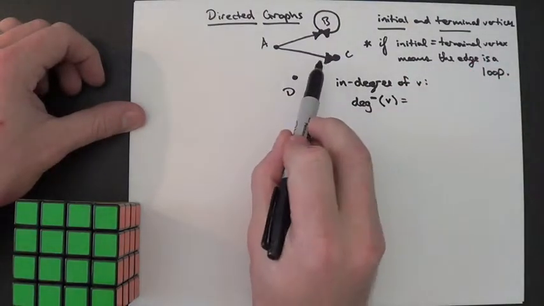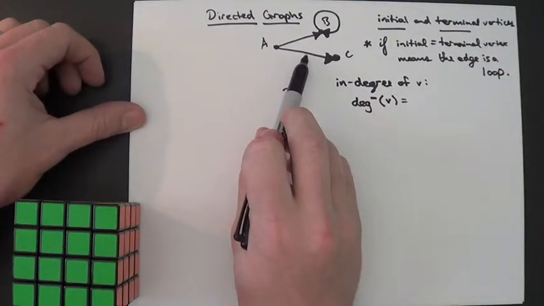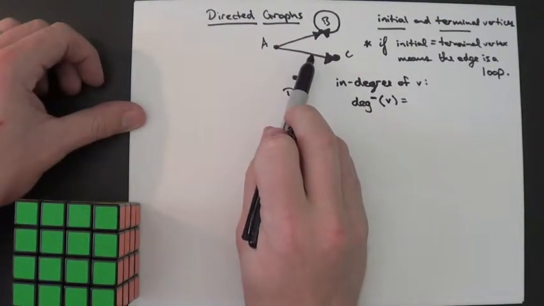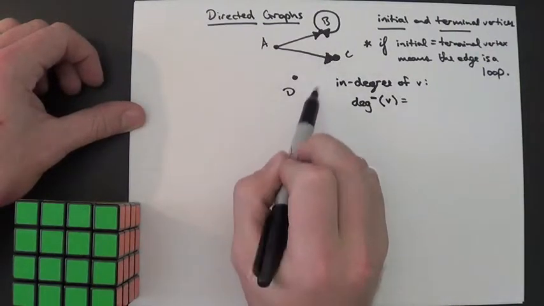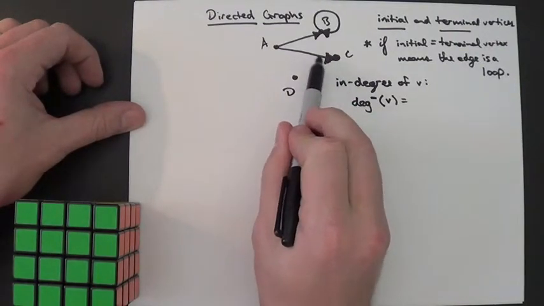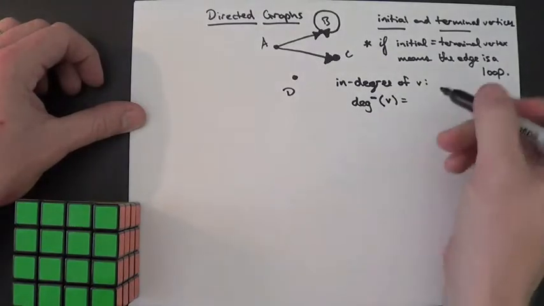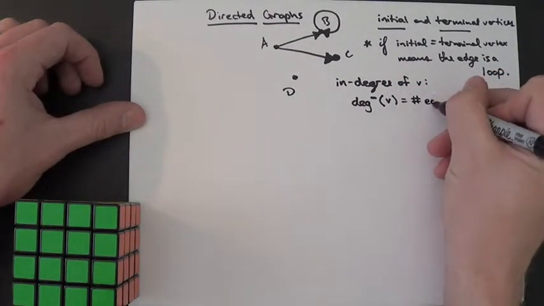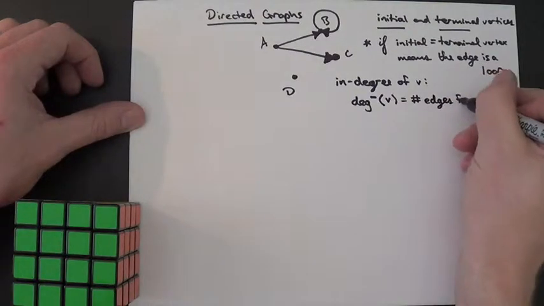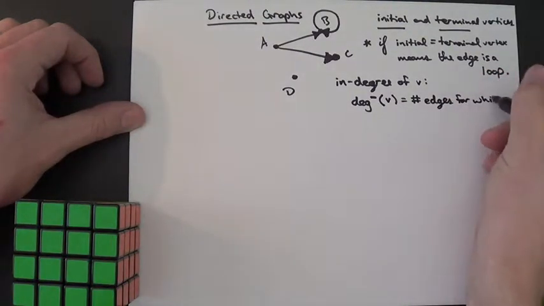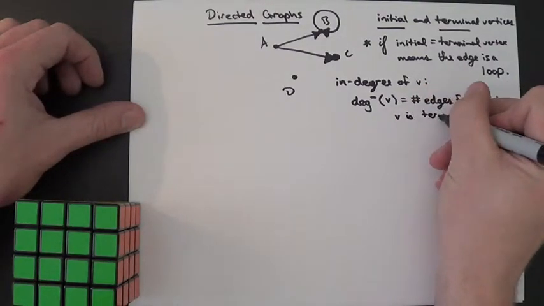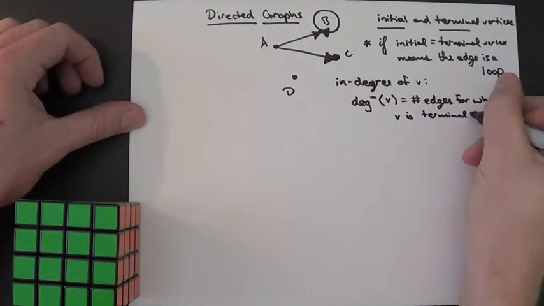The number of times a vertex has an edge going into it. Number of times this vertex has an edge going into it is the in degree. Okay, so this is the number of edges for which V is a terminal vertex.